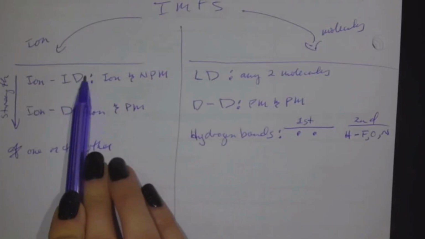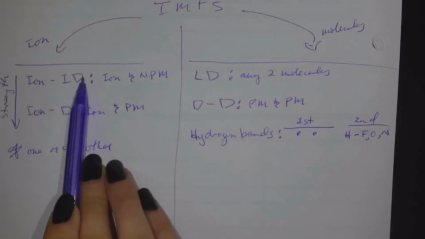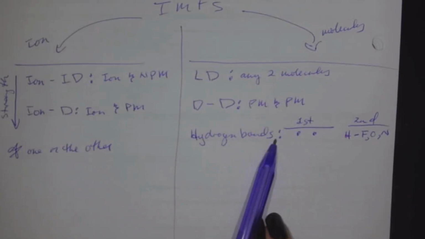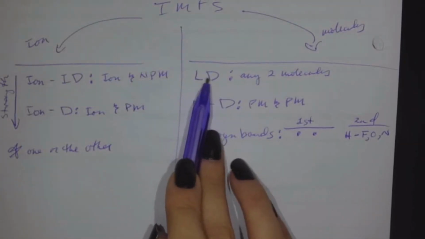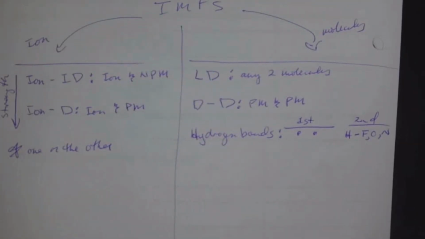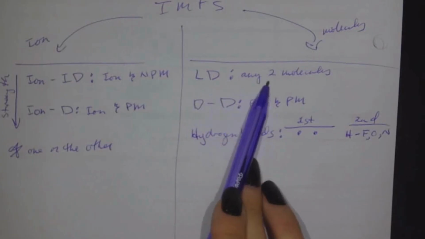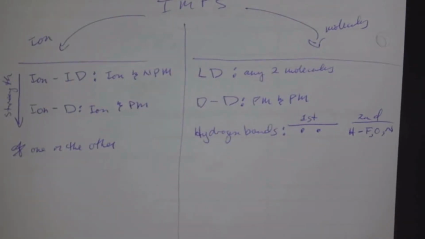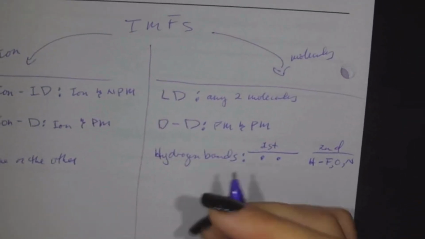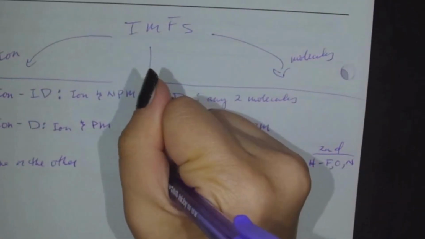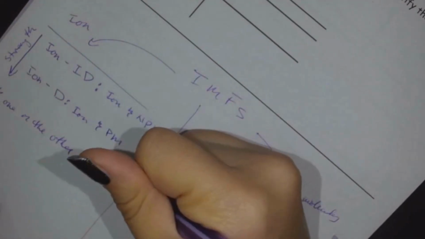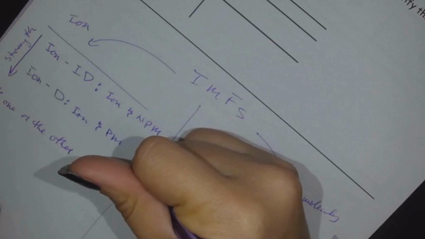One can exist but not with the other one. All three of these could be happening between the same molecules, or maybe only one is happening. There will always be London dispersion if two molecules are involved. The strength also increases as we go down. London dispersion tends to be the weakest, then dipole, and hydrogen bonds are the strongest.